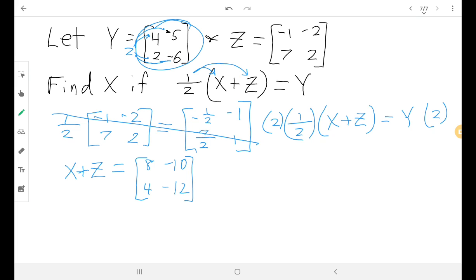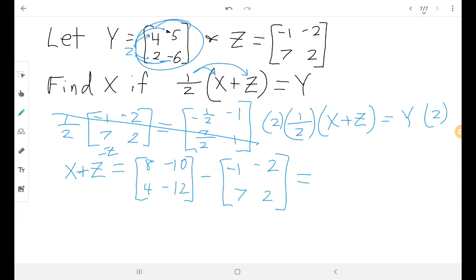And that will then allow me to do nifty cool things like I need x by itself, so all I have to do is subtract z on both sides. But instead of writing z there, let me write minus what z is, -1, -2, 7, 2, and I can just subtract.